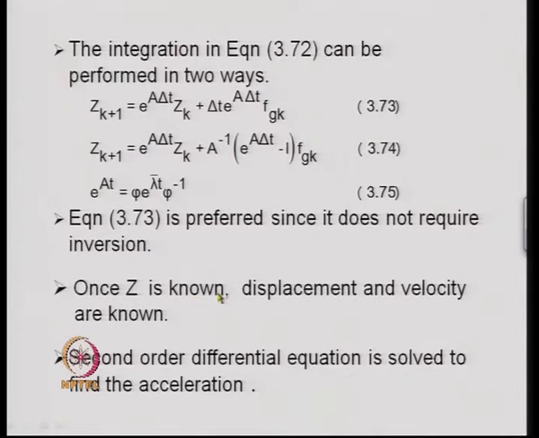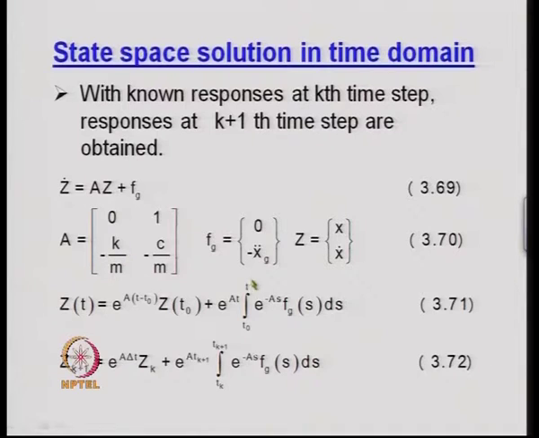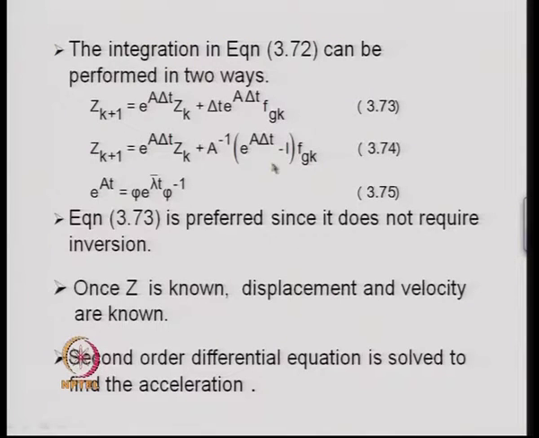Now, the integration which we had shown before can be performed in various forms. Two forms are given over here, so that one can get two expressions for Z k plus 1.